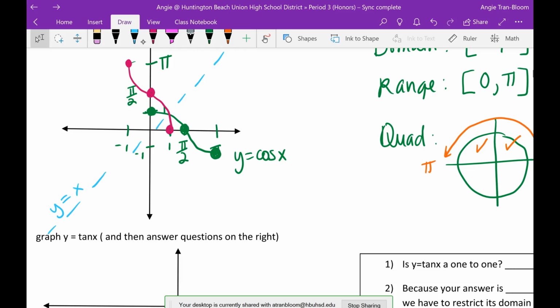What is tangent at pi over 2? Undefined, that's where the asymptotes are going to go. Guys, remember we graphed this on your parent function.